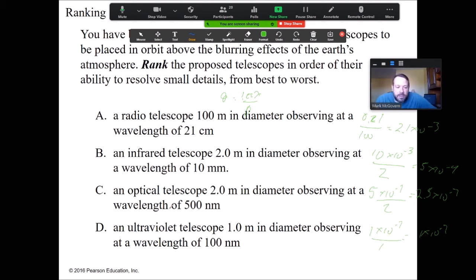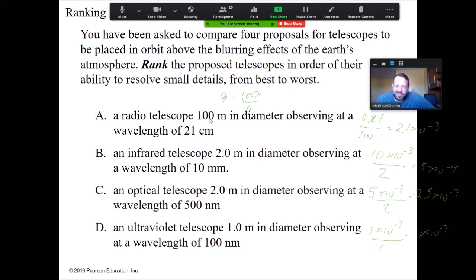I should probably word this question differently, because it just so happens that the order of wavelength is the order of the answers. I mean, it does involve the diameter of the telescope. But, what? A and B? Did I mess up something there? Oh, yeah, I did, didn't I? Look at that.